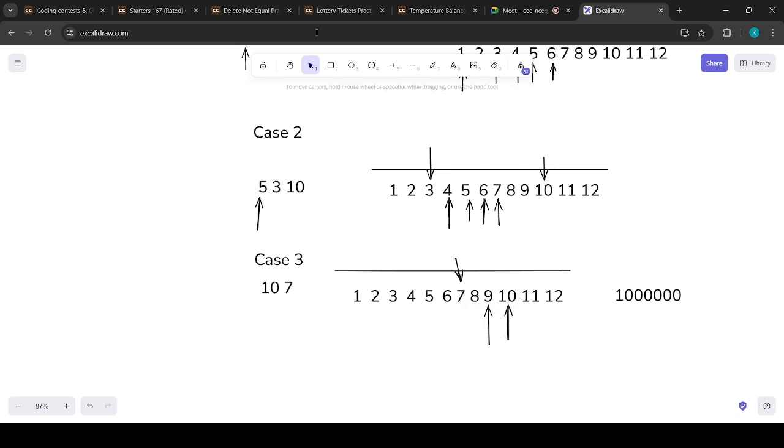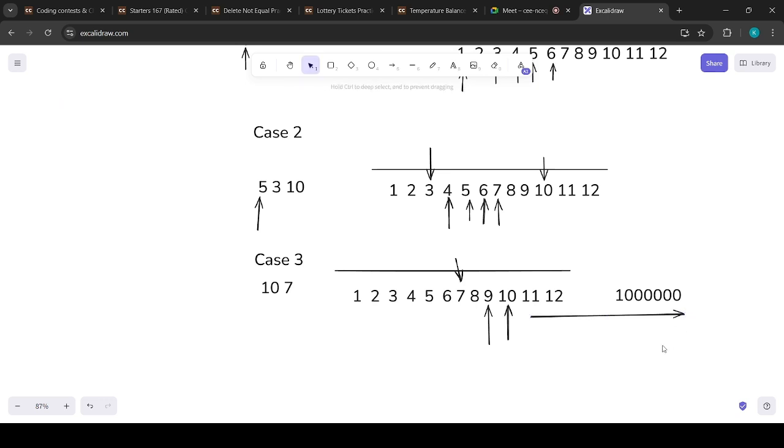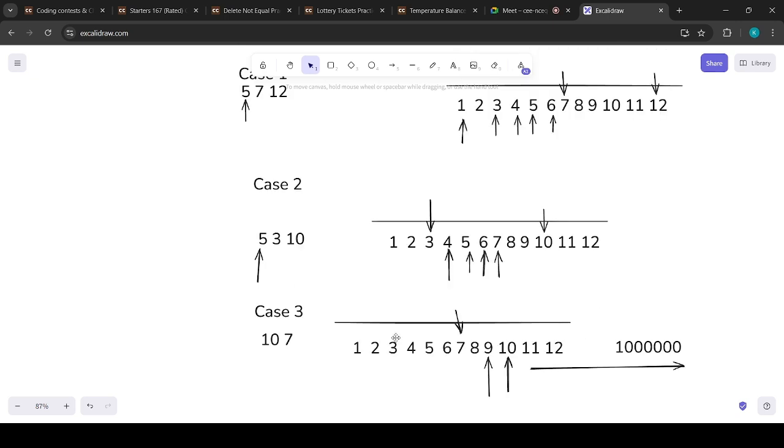So we can take numbers from 9 to 10 raised to 6, because nobody has a number in this range. So these are the three cases we have to consider while calculating the answer.